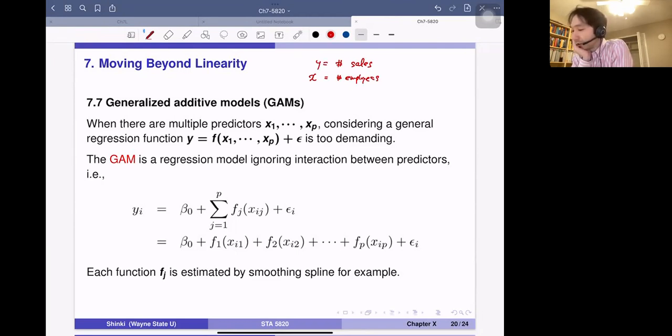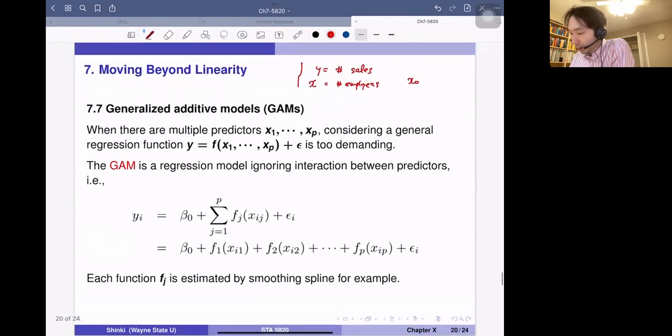But if we use just the local average, then even among the neighborhood of a specific x naught, still the more companies with a higher number of employees answer with a higher rate. So estimated sales is overestimated. So probably local regression is better.